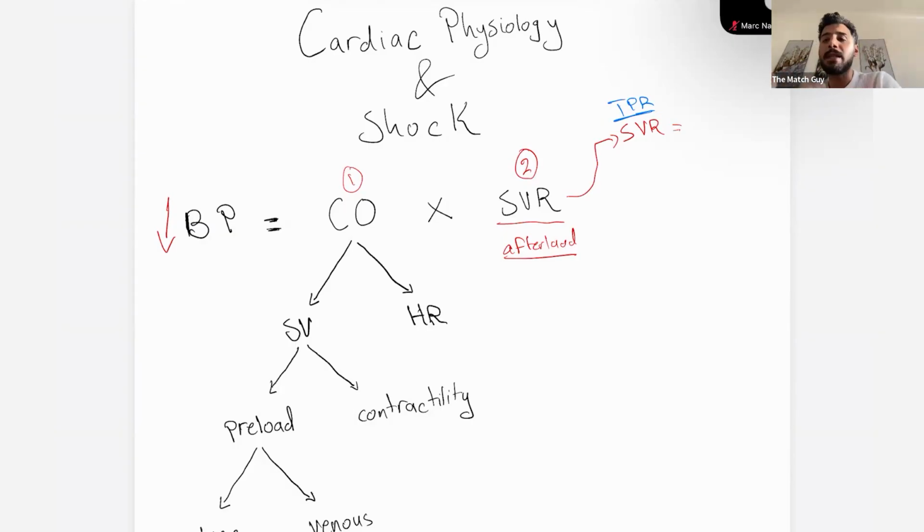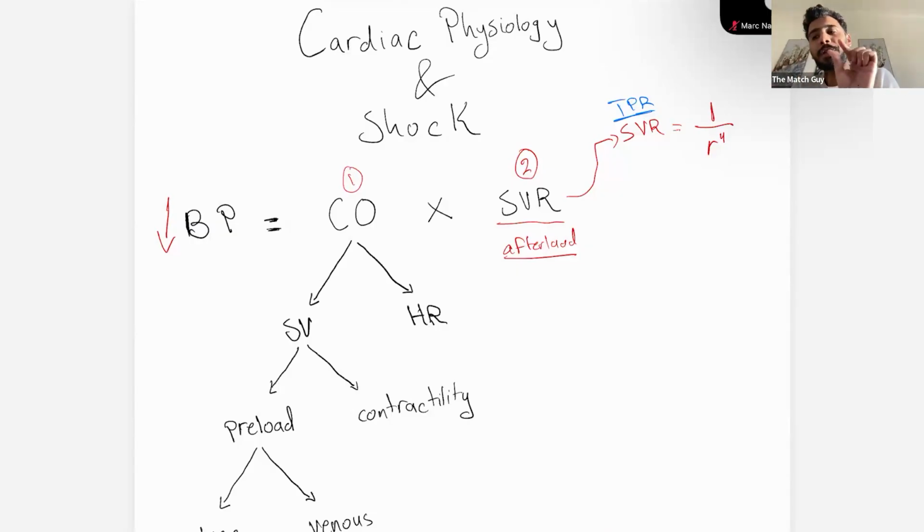Now, the systemic vascular resistance is mainly inversely correlated with the diameter of the blood vessel. So it's a long formula, but we can break it down into the most important variable, which is the diameter, because the diameter is going to be to the power of 4.